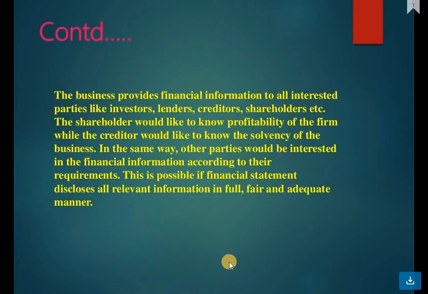So I am an investor, I'll see the profitability. I am a creditor, I'll see the solvency. I am a bank, I'll see the performance of the business. Like this, different parties will have different interests in the business, so we have to provide all the detailed information to them. This is possible if financial statements disclose all relevant information in a full, fair and adequate manner. So if you are giving everything in a full, fair and adequate manner, it would be good enough to improve the business performance.